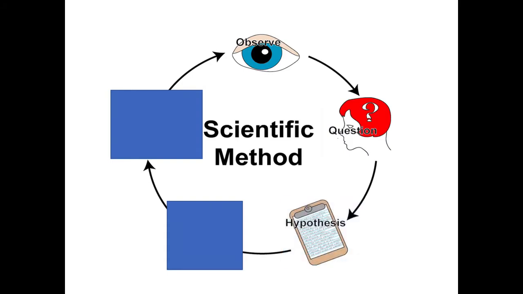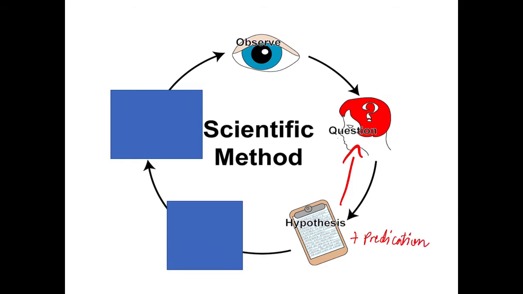And once you have a question, you then formulate a hypothesis. Now, a hypothesis is a possible explanation to that question that was asked. We'll talk more about hypothesis a bit later on. Now, it doesn't show here, but with the hypothesis, you also will make a prediction.